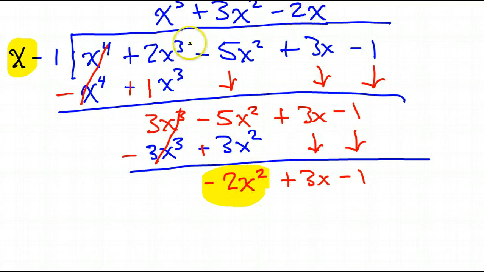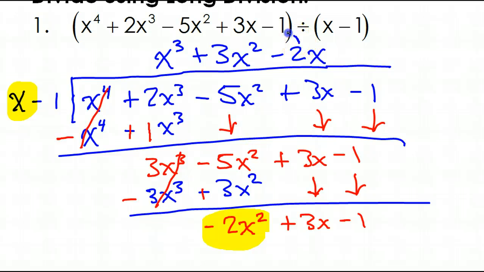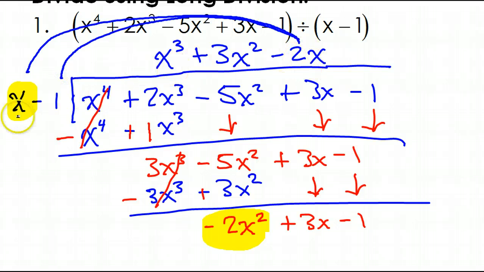So negative 2x times x will make negative 2x squared. Once I have this term, I need to do the distributive property. So negative 2x times x, of course, is negative 2x squared. Negative 2x times negative 1 is positive 2x.